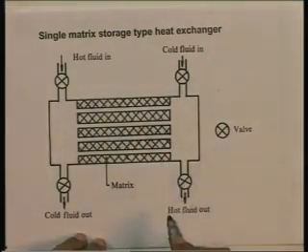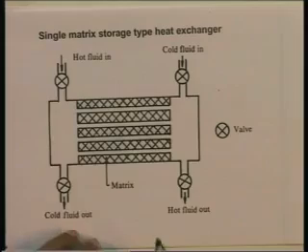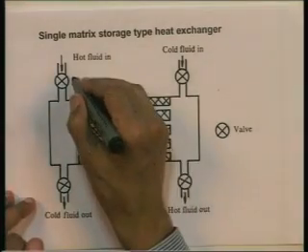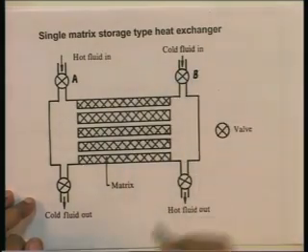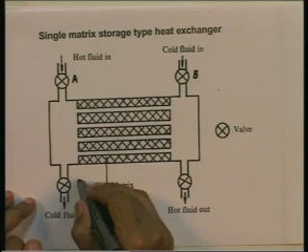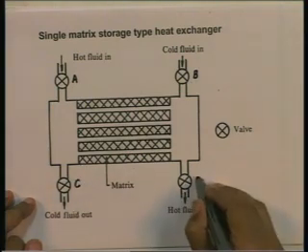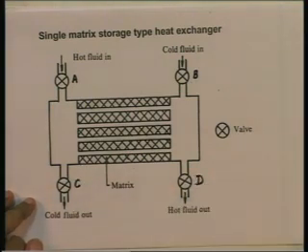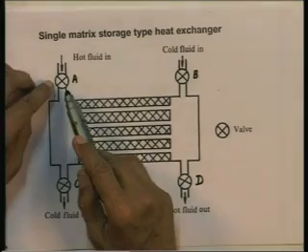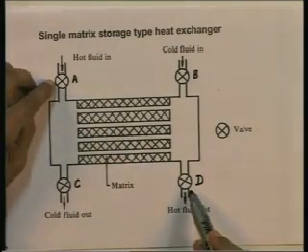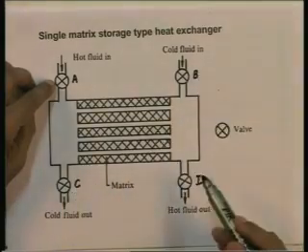So, this is the porous matrix, and what we have here, the circles with crosses on them, are valves which can be opened or closed. Let us give them a nomenclature. Let us say this is valve A, this is valve B, this is valve C, and this is valve D. Let us say first of all that during the operation of this heat exchanger, valves A and D are open and B and C are closed.